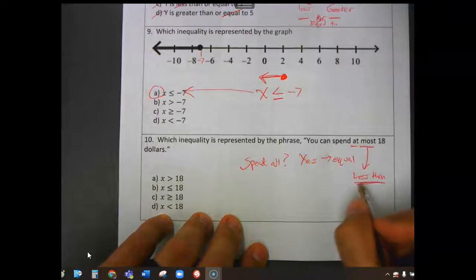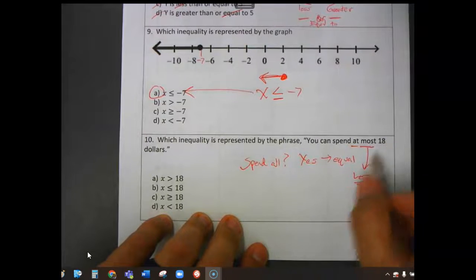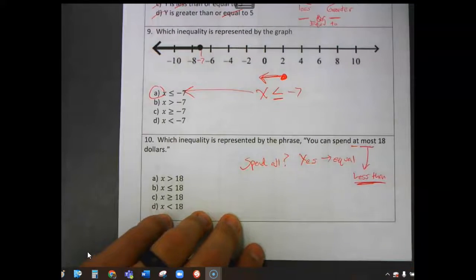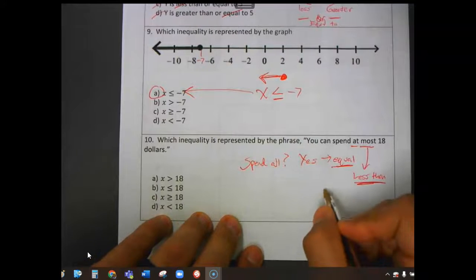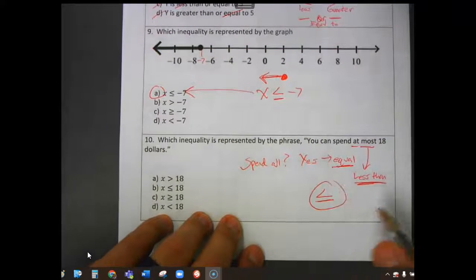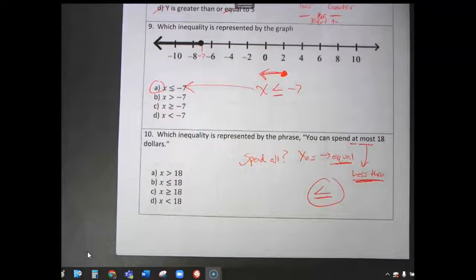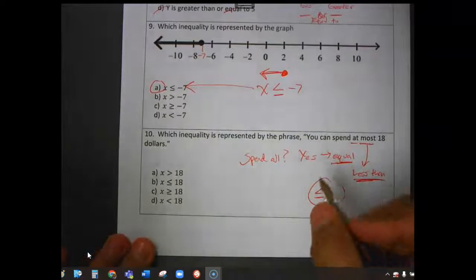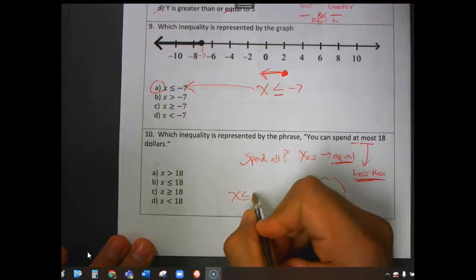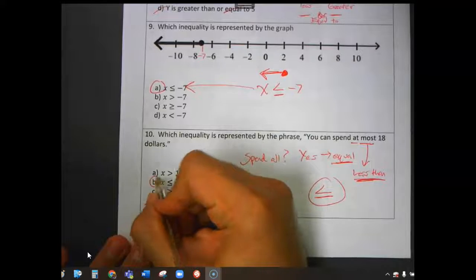So you can only spend less than 18, that's all you got. But you can spend all of it, so it can also be equal. So less than or equal. Not just less than, and definitely you can't spend more than what you have. So less than or equal to 18, which is going to be letter B.